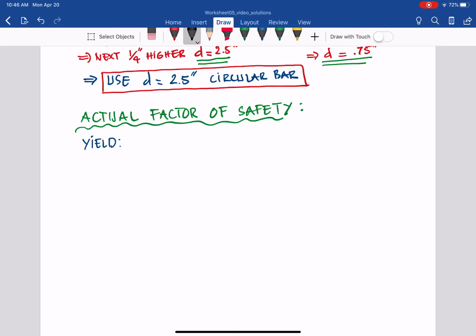we have sigma actual is equal to P actual divided by A, and now the A we already chose, so it's 6.8 kips.